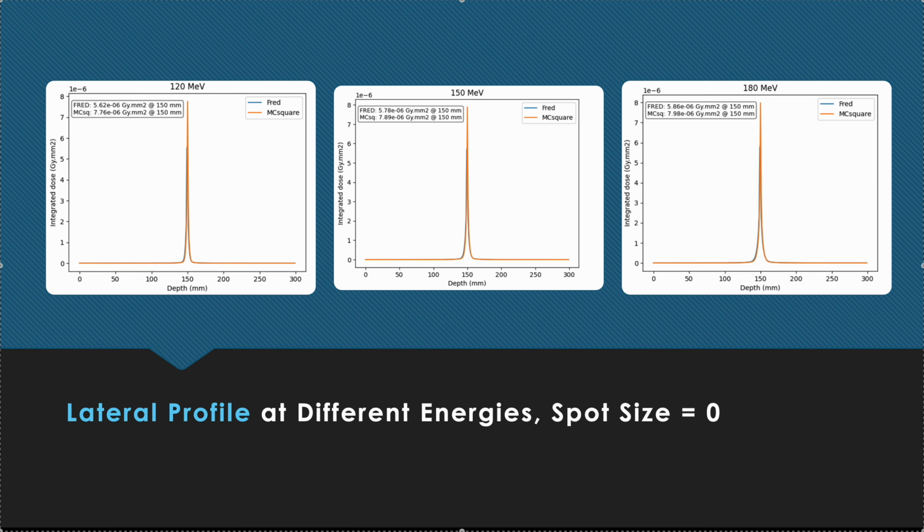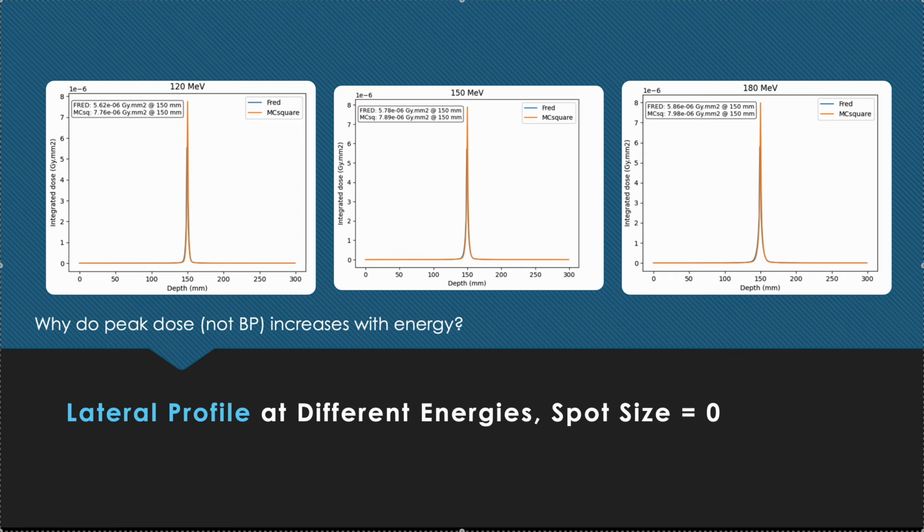What else do you see? You see that the dose is almost the same for all the energies, but you can also see that the lateral peak dose increases with increase in energy.